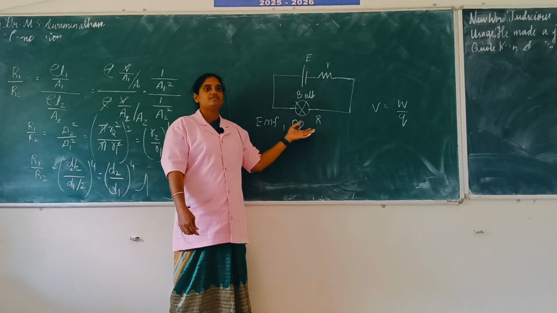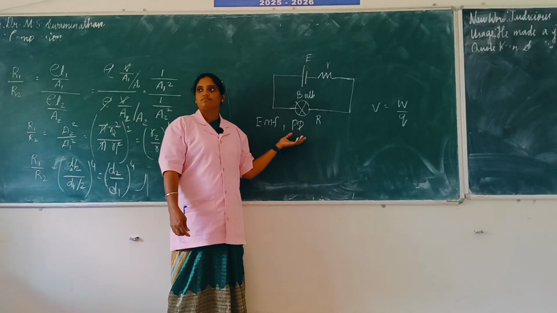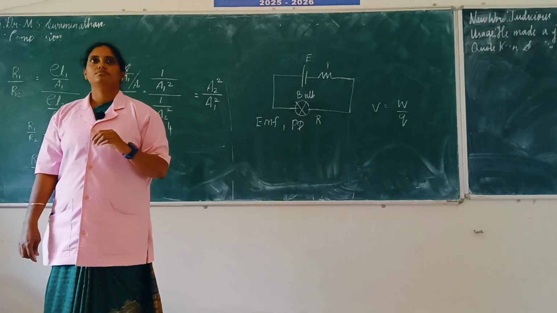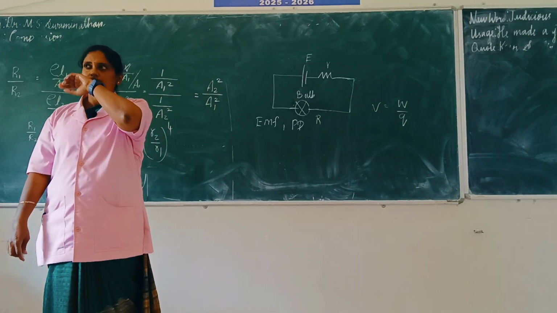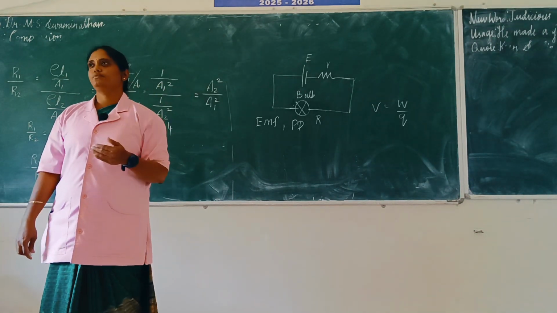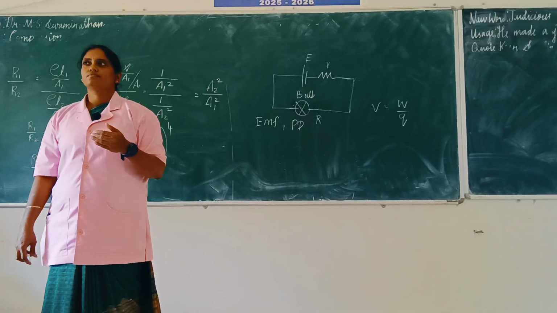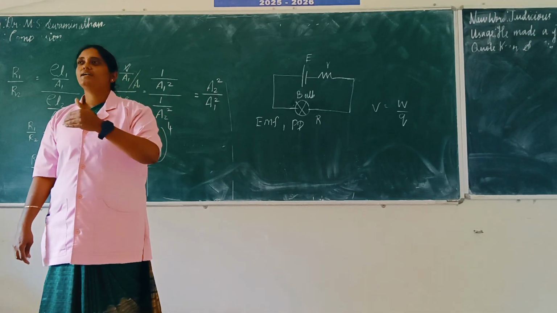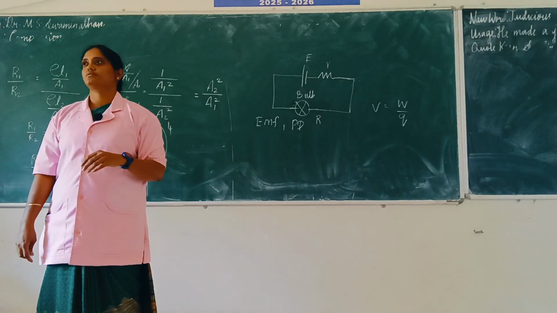It may be resistors, bulbs or a fan. The potential difference is used to conduct the electric energy into some useful work.